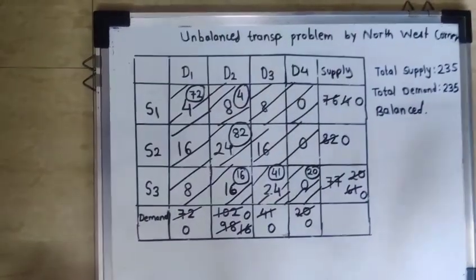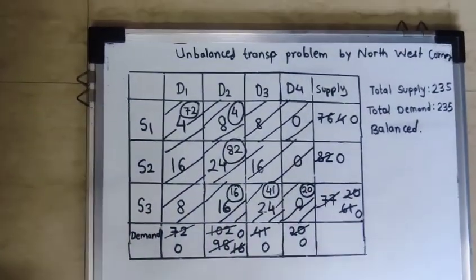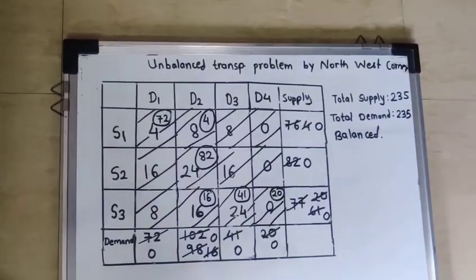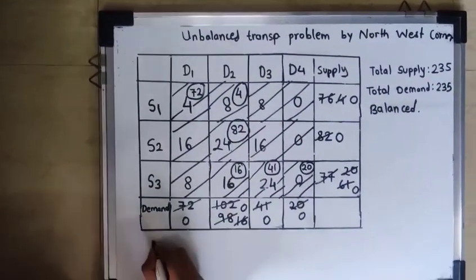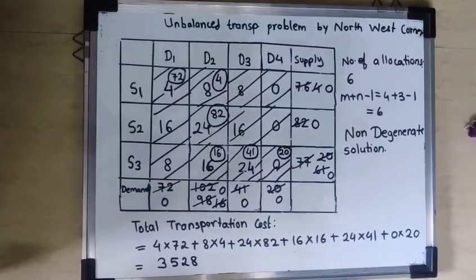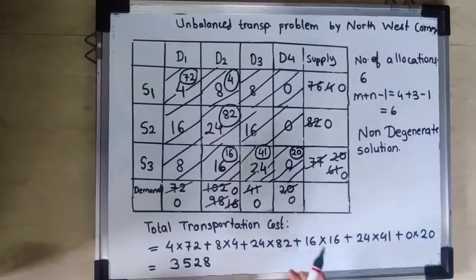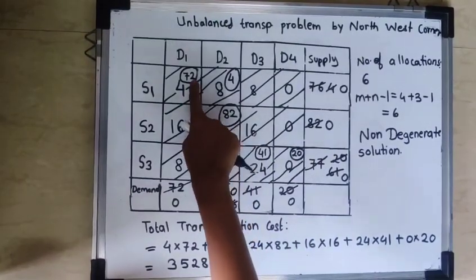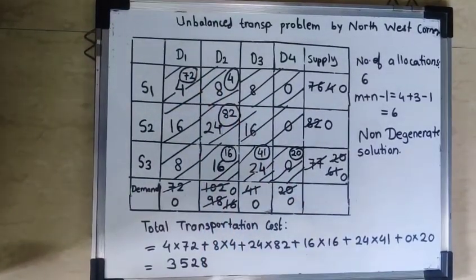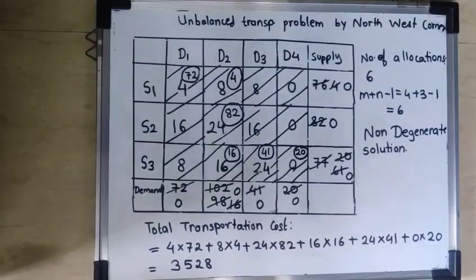Now here we are done making allocations. The next step is to find out the total transportation cost. How do we find the total transportation cost? In whichever cell we have made an allocation, we multiply and add.